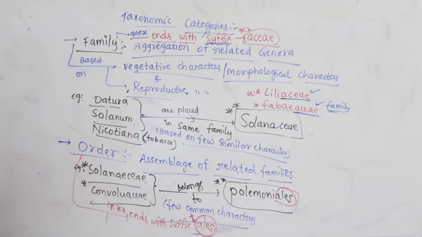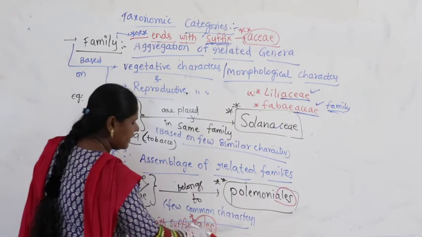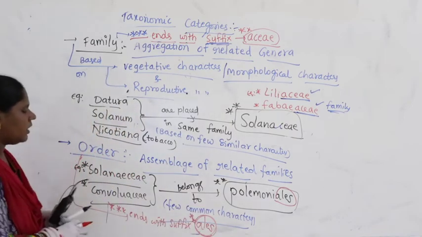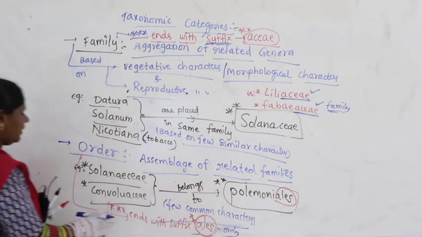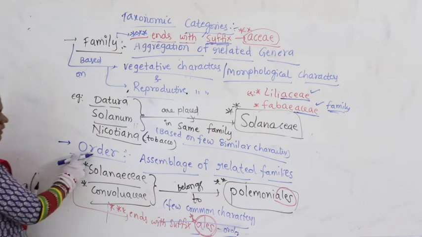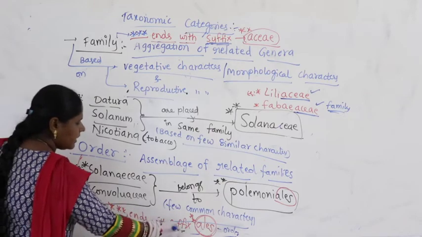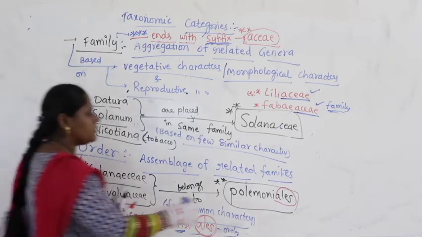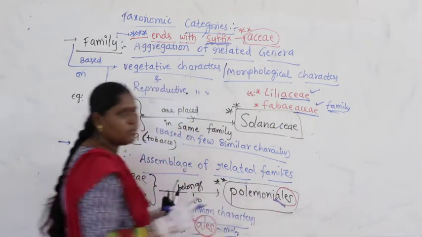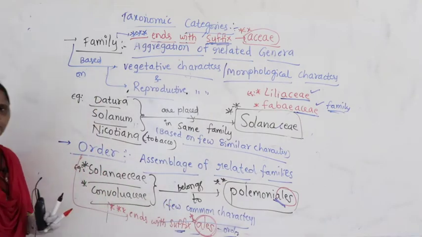Whenever a term ends with ales, that represents the name of the order. So whenever an order is there, it always ends with the suffix ales: Polemoniales, Malvales, Rosales. Whenever the term ends with ales, it is the name of the order.